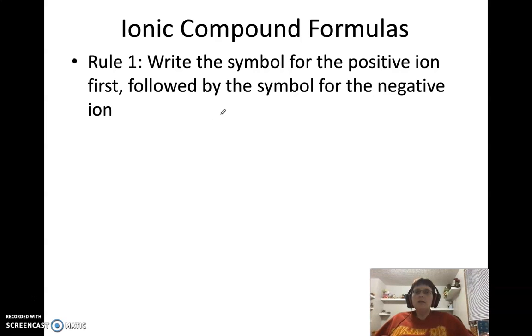So let's use calcium because we know calcium is +2. And if we use chloride, because I know this is a salt, we know chlorine is just -1. So we know the charges for these. So those are the symbols.